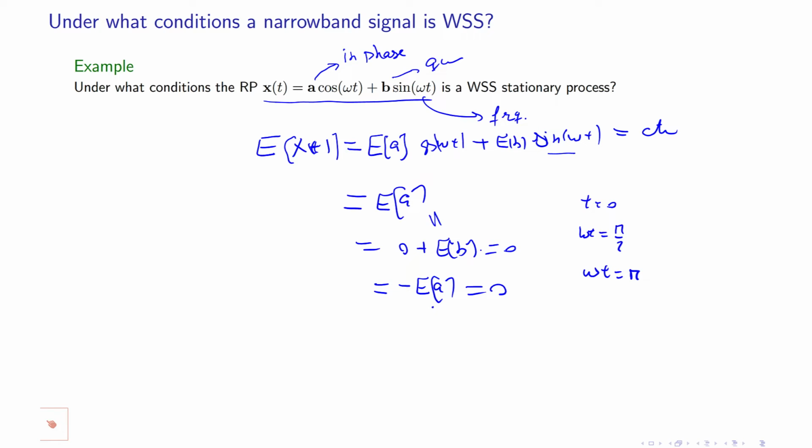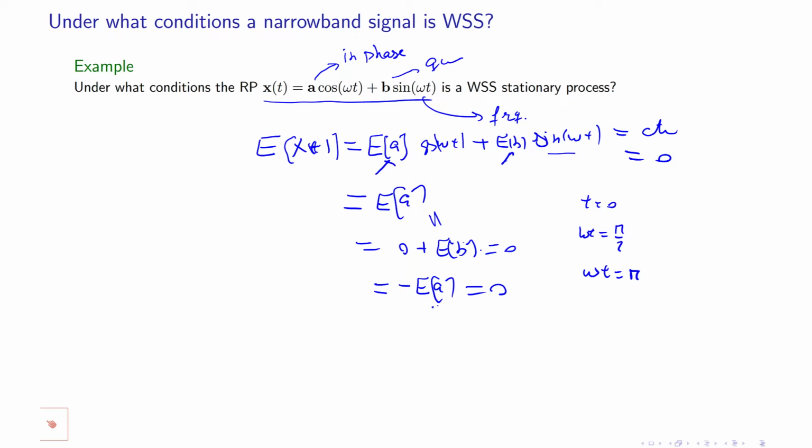Now, if the mean of A and the mean of B are 0, these become 0, and this becomes 0. So it is necessary and sufficient for this random process to be stationary in the mean sense if and only if the mean of A and B are both equal to 0.